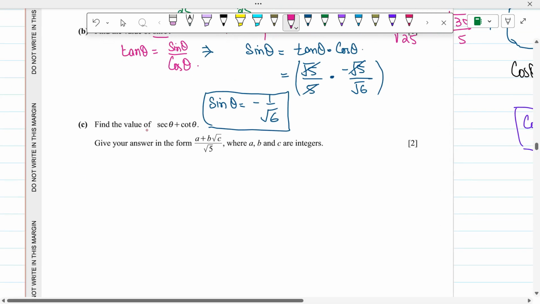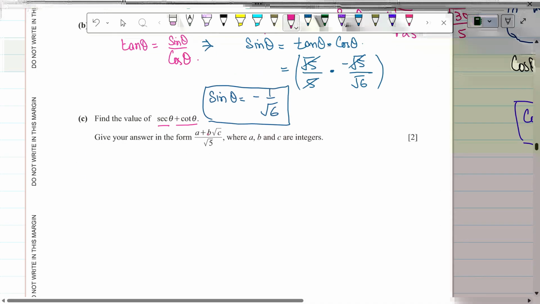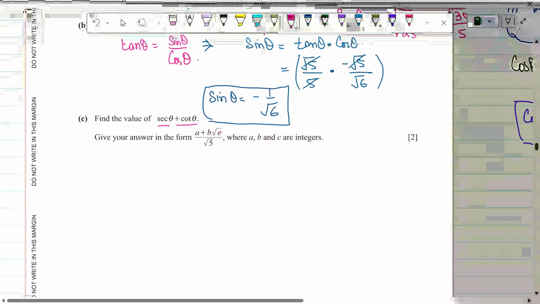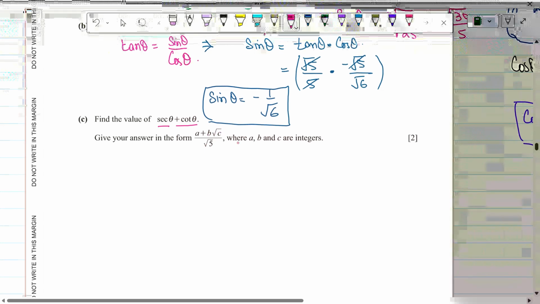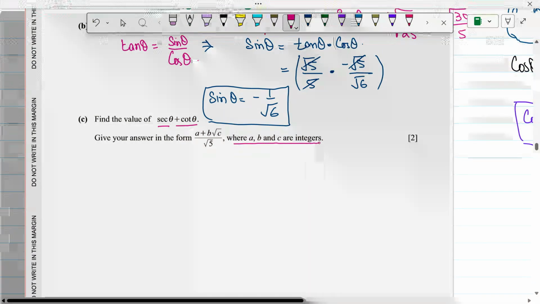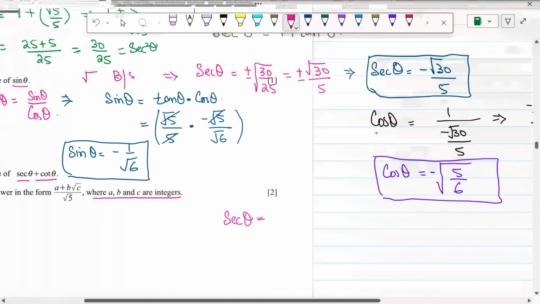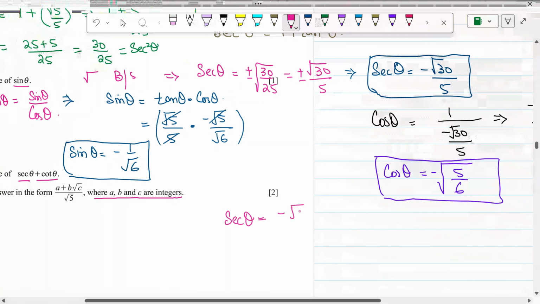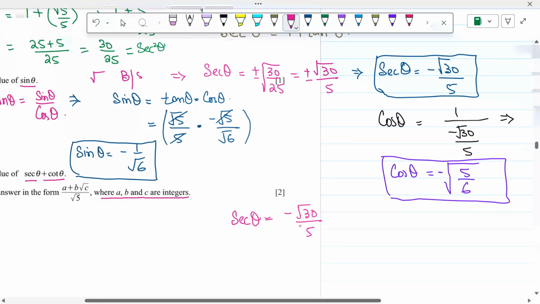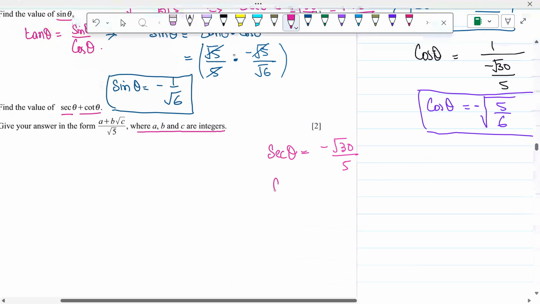Part C. Find the value of secant plus cot of theta. Give your answer in the form of a plus b root c over root 5, where a, b, c are integers. Secant of theta we just calculated, which is negative root 30 over 5. And cot of theta, we know that cot of theta is equal to 1 over tangent of theta.